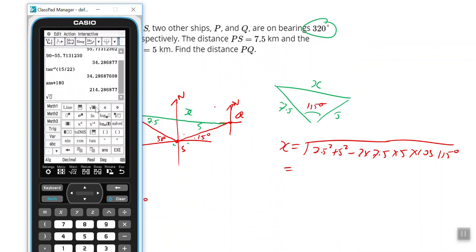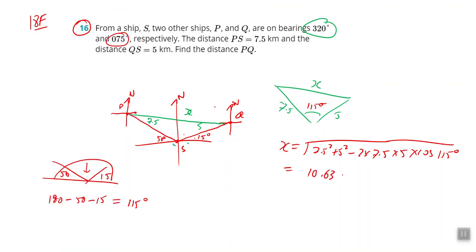But I'm just going to show you the full way, just in case you get caught out having to show something. Minus 2 times 7.5 times 5 times cos 115. So 10.63 kilometers. Make sure your units are correct.